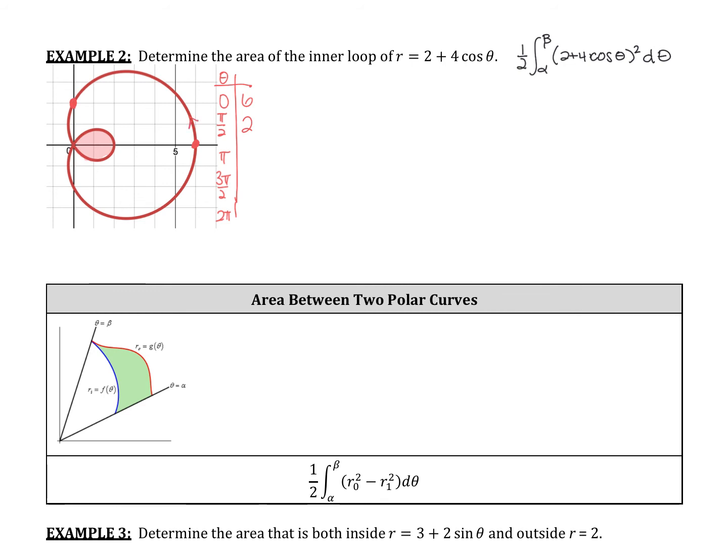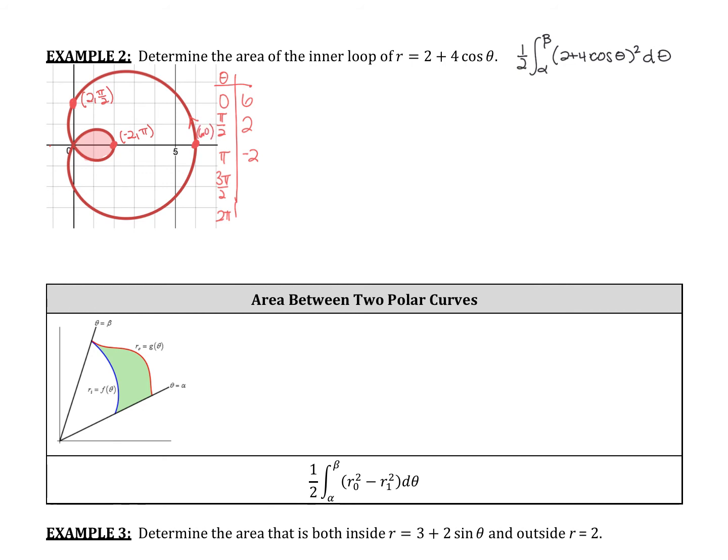Now if I plug in pi, I get -2. Pi should be over here somewhere on this axis, but with a radius of -2, it bounces back here. So this point right here is -2, pi. Maybe I'll fill in these other points, 2 comma pi over 2, and then this would be the point 6, 0.